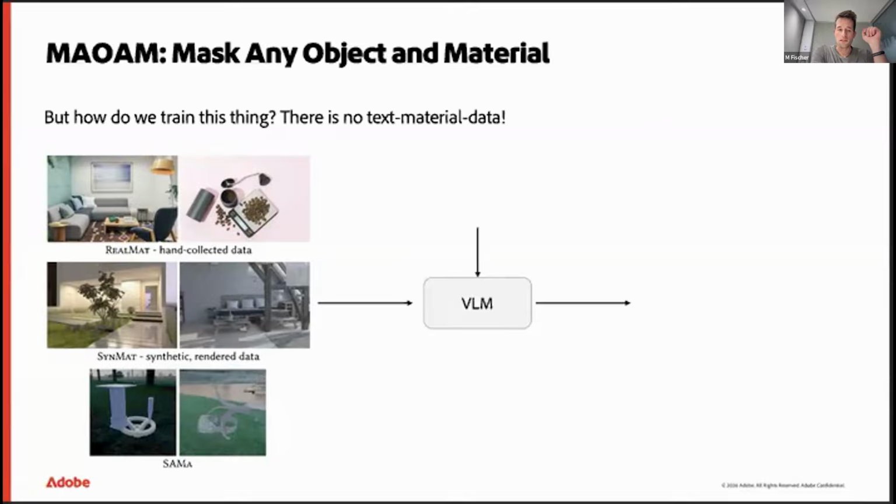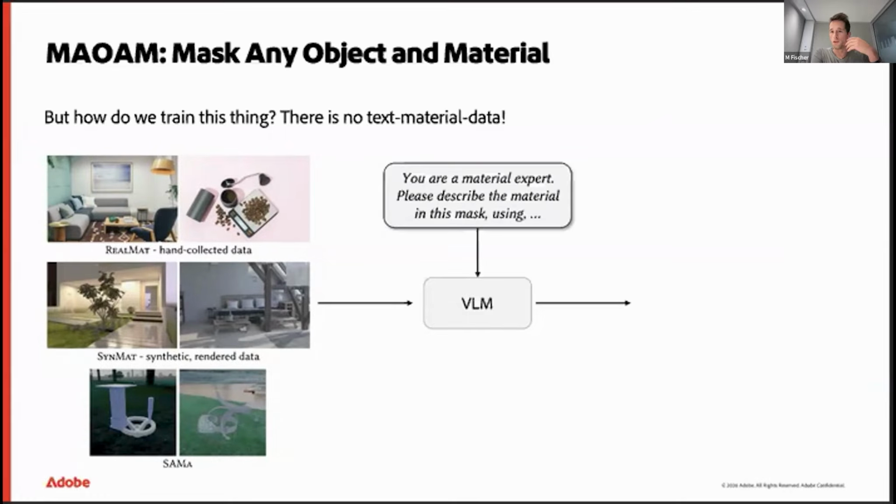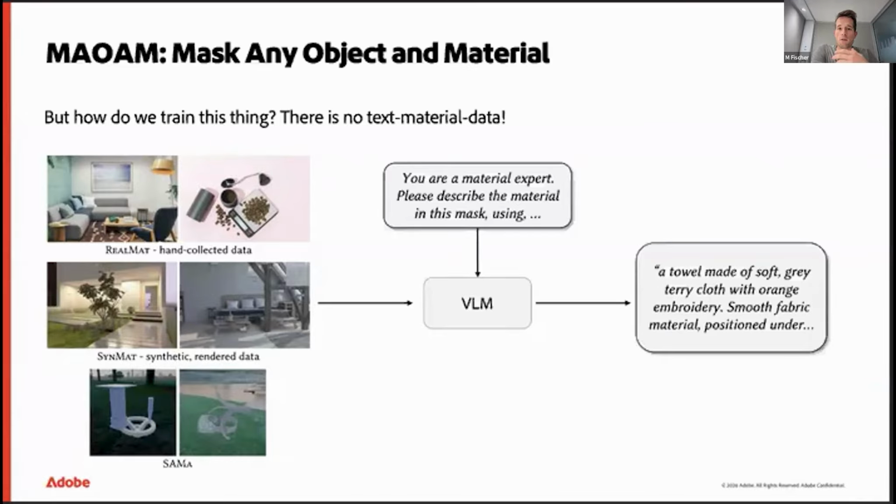Those can be the same ones that we used previously. And you have a VLM annotator that you task with, you're a material expert, please describe the material in this mask using certain vocabulary, certain key phrases, and so on. And then the VLM will say it's a towel made of cloth, gray and orange, and whatnot.